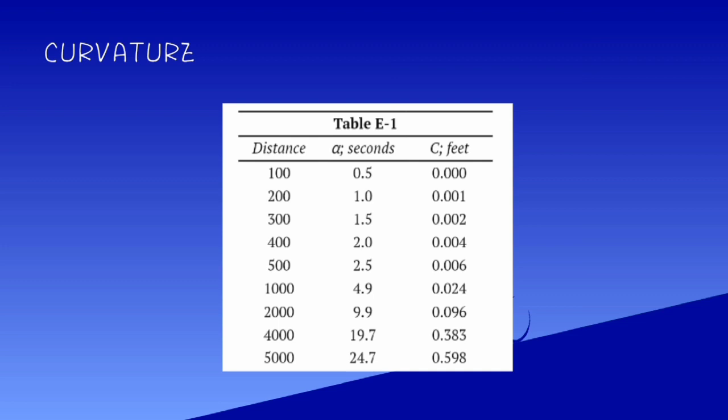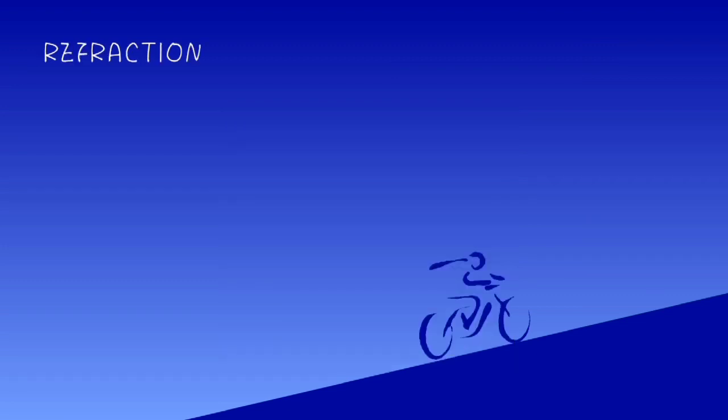And the values of A in seconds and C in feet are also given with respect to the increasing distances. As we have observed, up to about 500 feet, neither A nor C are very large, but they become significant at the longer distances. Next, let's discuss the refraction.